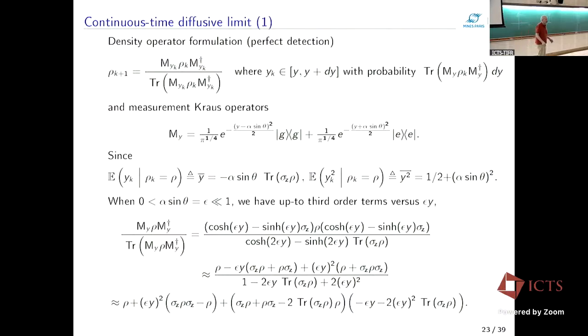And what you obtain is this here. And here it is the probability to detect, up to higher order terms with respect to epsilon, y, because y squared, of course, is 1/2, so you have a standard deviation of this.